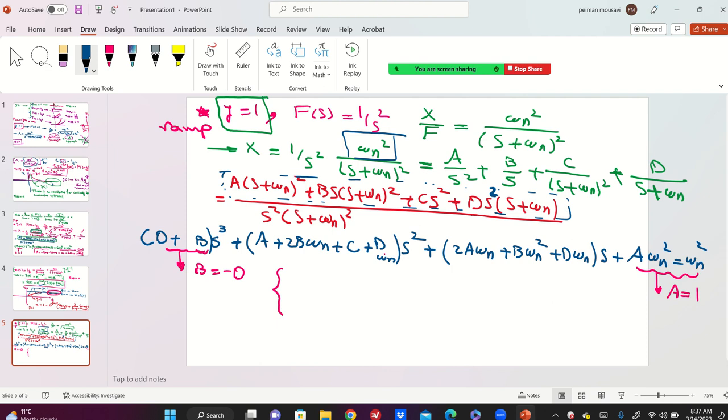And we're going to remove this from here because we don't need that. Yes. Now it's right. So a is 1.